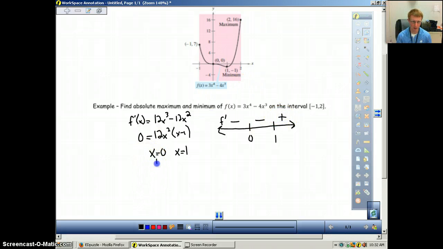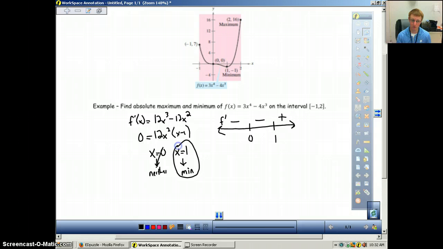So we already know that x equals 0 is neither, so that's not something we use. For x equals 1, since we're going from negative to positive, that's going to be a min. Okay, so we know that's a min.